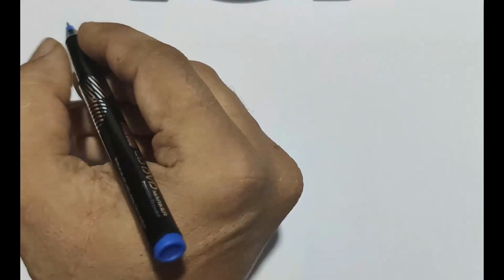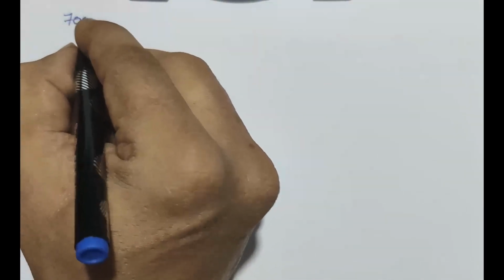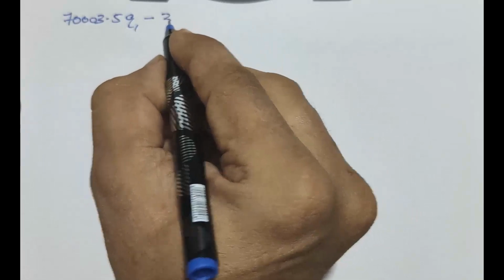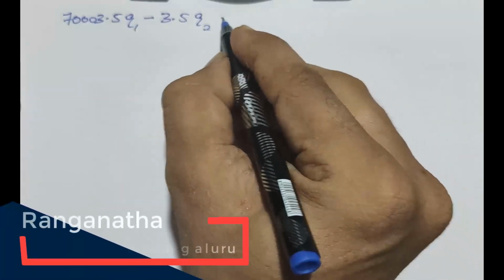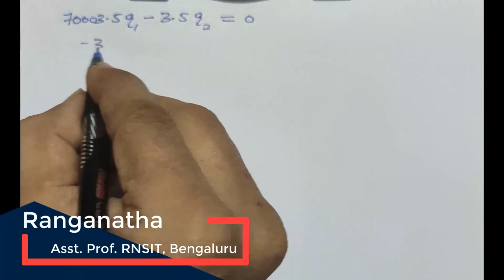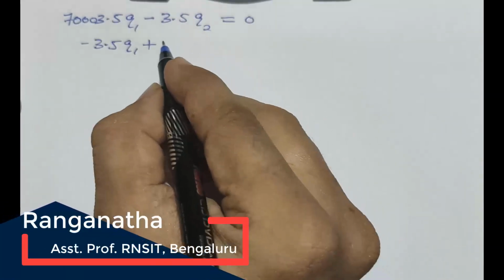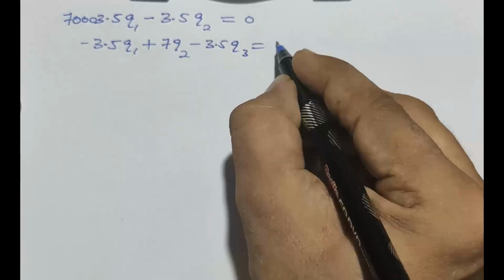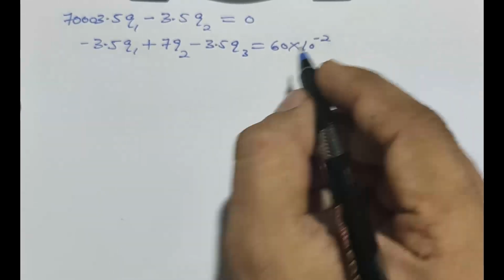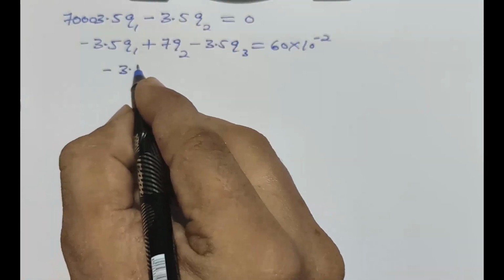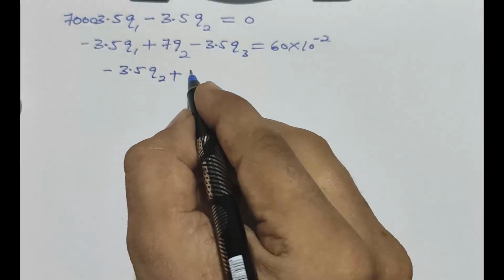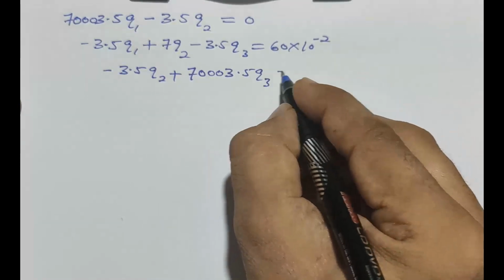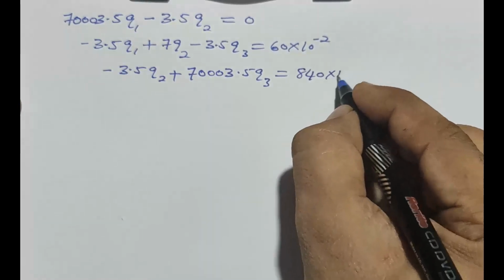Okay, if you multiply the matrix, we will get 7, 0, 0, 0, 3.5 Q1 minus 3.5 Q2 is equal to 0, minus 3.5 Q1 plus 7 Q2 minus 3.5 Q3 is equal to 60 into 10 power minus 2, minus 3.5 Q2 plus 700 3.5 Q3 is equal to 840 into 10 power 1.